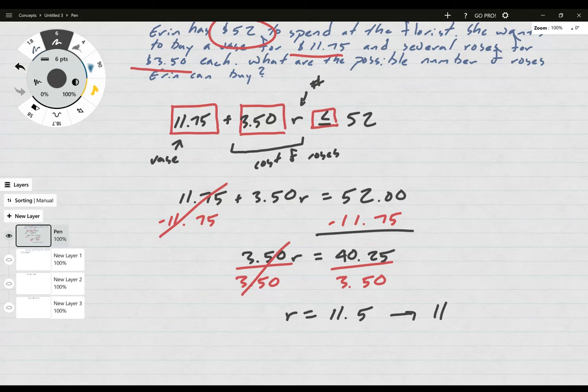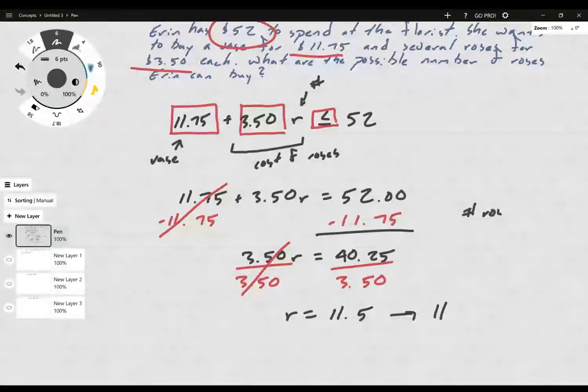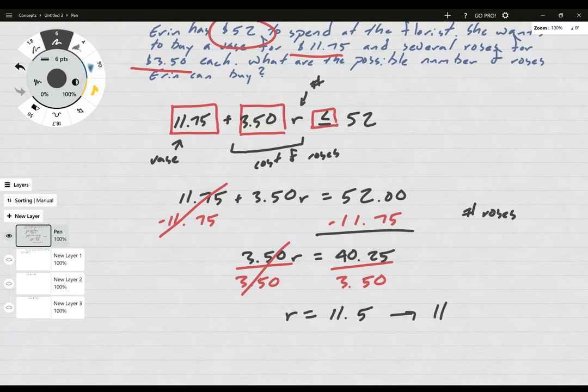So r, the number of roses, has to be less than or equal to 11. And this is going to meet the requirement of it being less than or equal to $52.